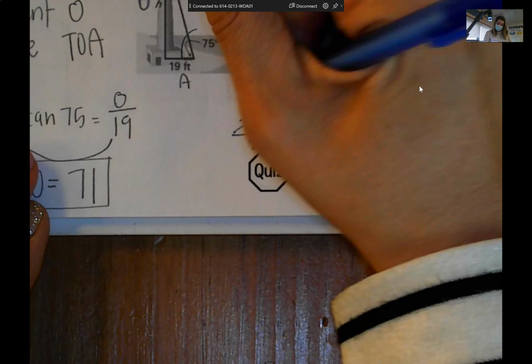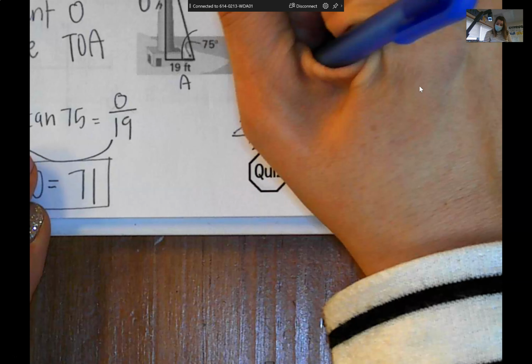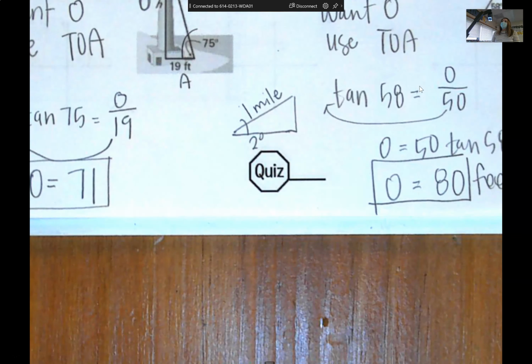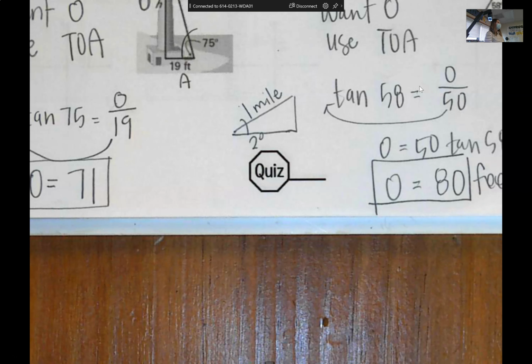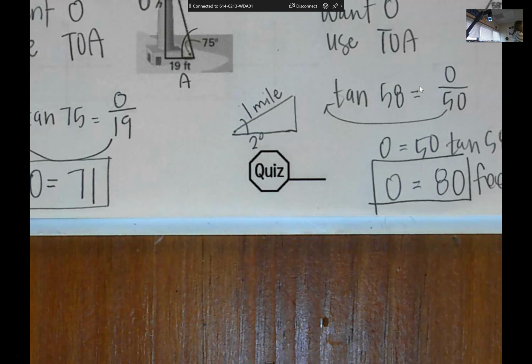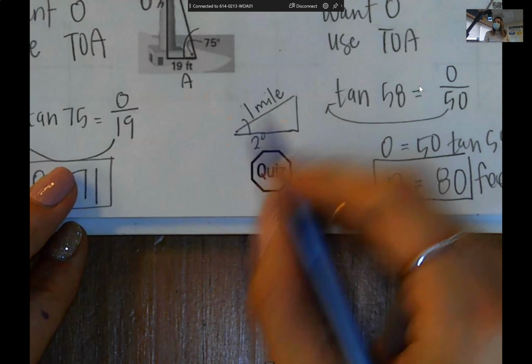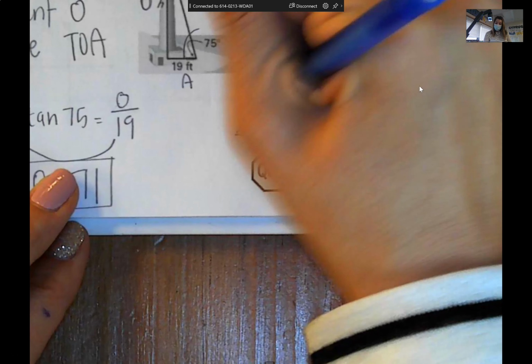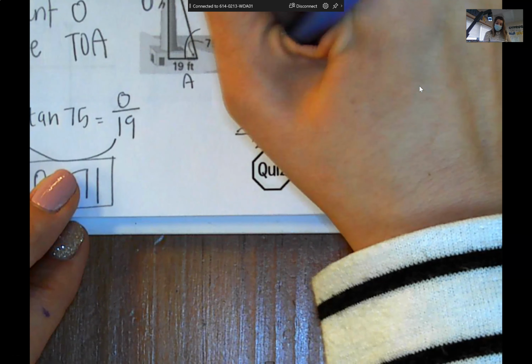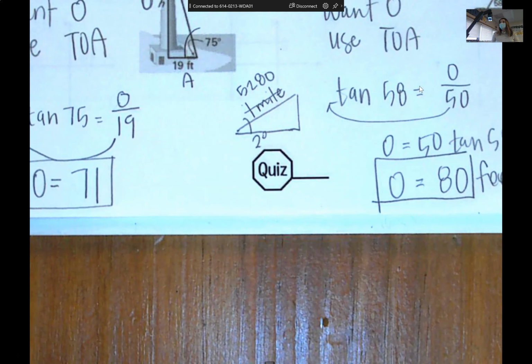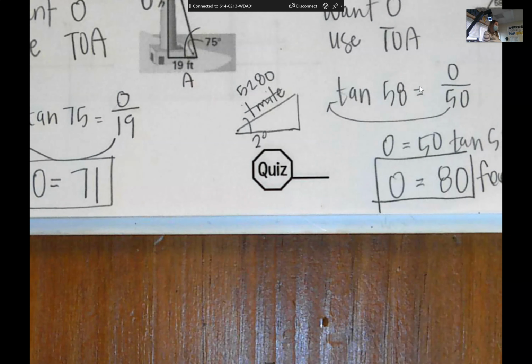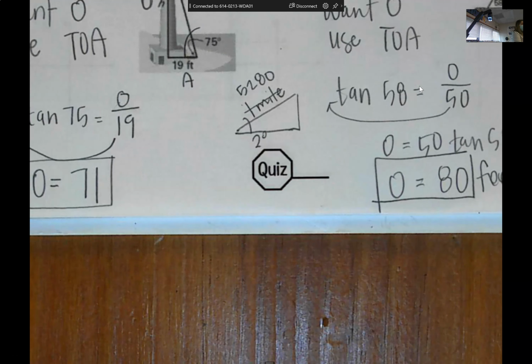The other thing is they tell you the hypotenuse is 1 mile, but then they want you to write your answer as feet. So when you go to do this problem, change 1 mile to 5280. That's the amount of feet 1 mile is. I gave you that hint and highlighted it to hopefully jog your memory.